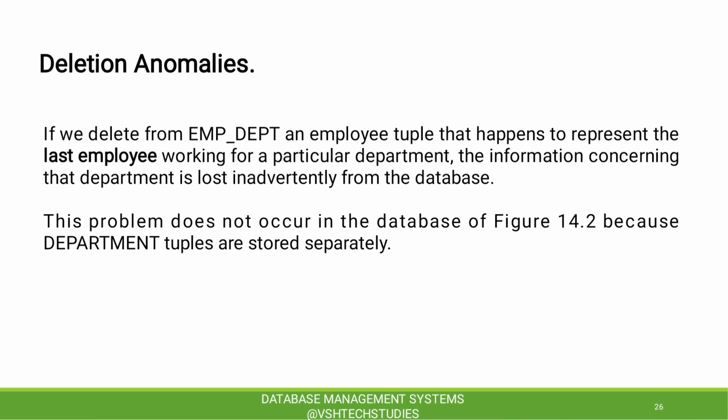Then second anomalies, that is deletion anomalies. So if you take up the EMP_DEPT relation, if we delete any employee belonging to a department, that is the last employee belonging to that department, if we delete that, we lose the information with respect to the department also.